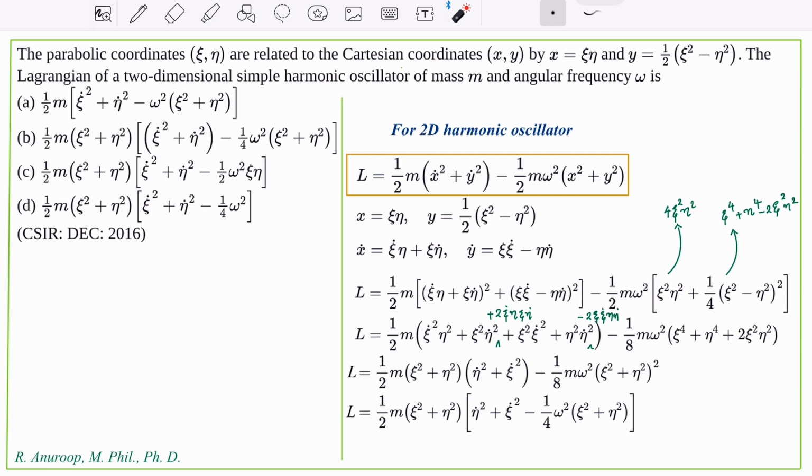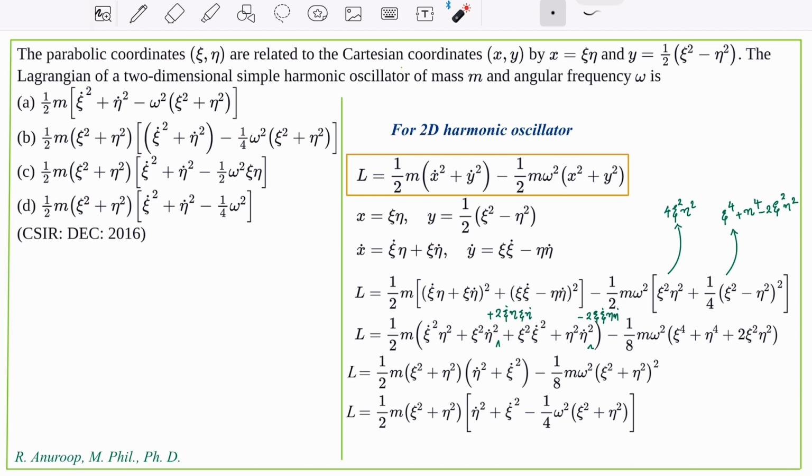Now let us further simplify these terms. L is equal to 1 by 2 m into (psi square plus eta square), which you take as common, times (eta dot square plus psi dot square), minus 1 by 8 m omega square into (psi square plus eta square) whole square. Here if you look at the Lagrangian, we have psi square plus eta square common in both terms, so we can take it outside.